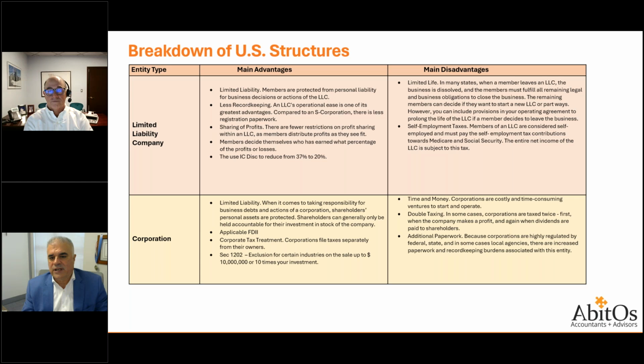But when we look at a particular client that's coming into the United States, we try to marry the objective of the client, whether they're producing a product, whether they're manufacturing a product, whether it's capital intensive, whether it's sales and services, or whether it's logistics.